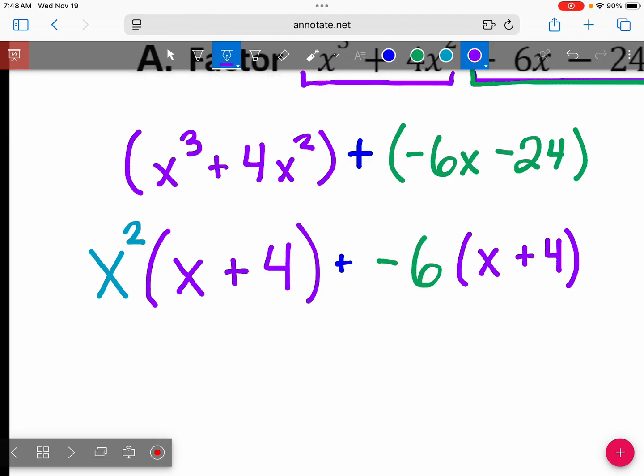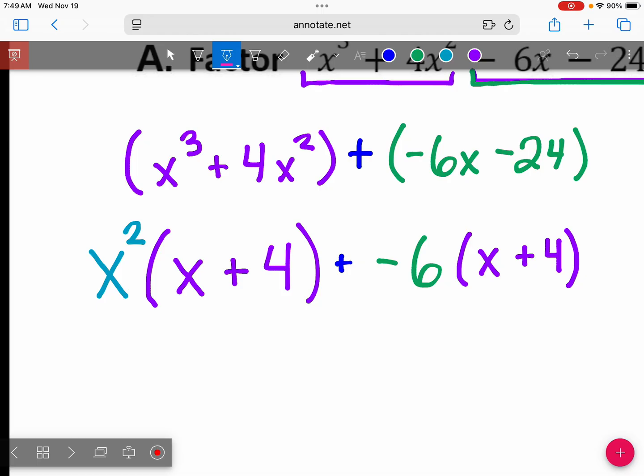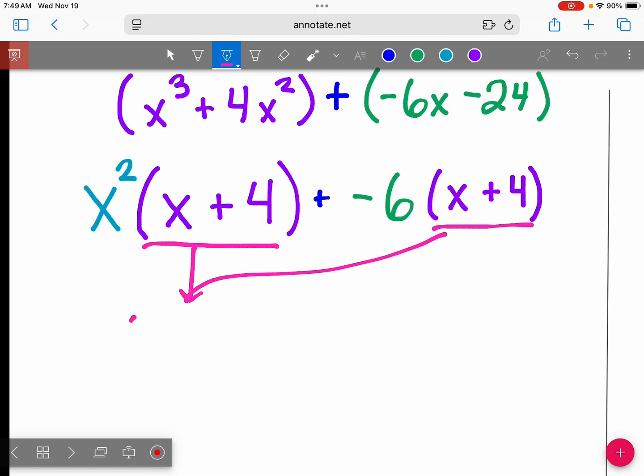Now that we have those pairs factored out, I can go ahead and split this apart. I have a new GCF that we can take. This x plus 4, I can write that in the front. So what I'm going to do is I'm going to say, hey, this guy matches this guy. I'm going to take that out as its own GCF. So I can put that in the front as an x plus 4.